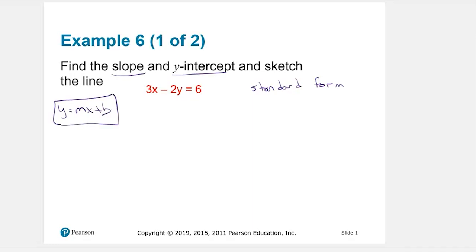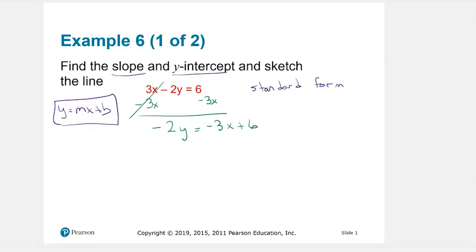And to do that, again, we solve for y. So the first thing I'm going to do is subtract 3x from both sides. It's going to cancel, and I end up with minus 2y equals minus 3x plus 6.